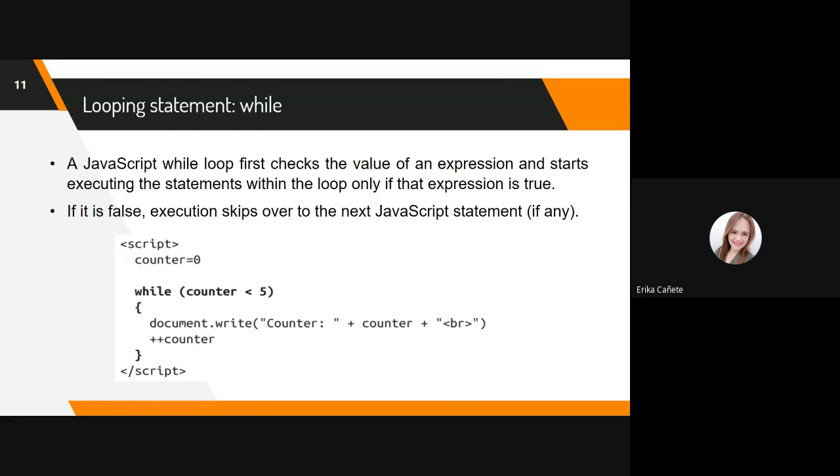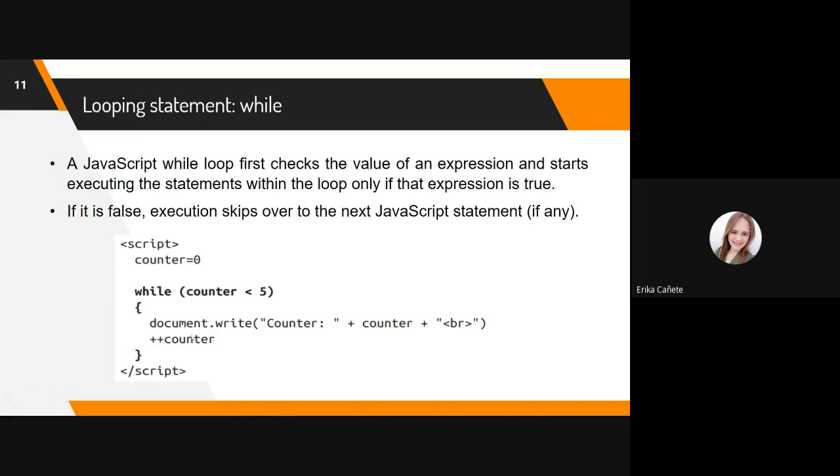In this example that we have on our screen, again, guys, do not forget the start tag and end tag for our script. We set a variable counter equal to 0. For our while loop statement, we use while followed by counter is less than 5.